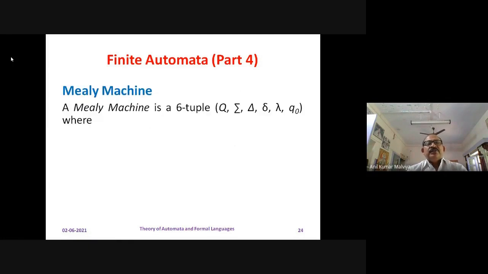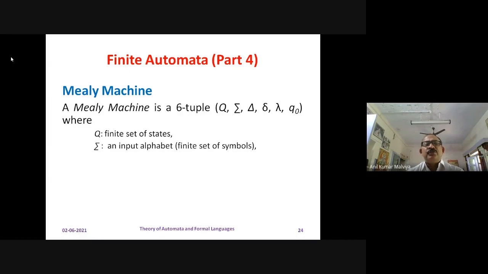Now next, we can define a Mealy machine with the help of a 6-tuple: Q, sigma, capital delta, delta, lambda, Q0, where Q is a finite set of states, similar to the DFA or NFA or Moore machine.